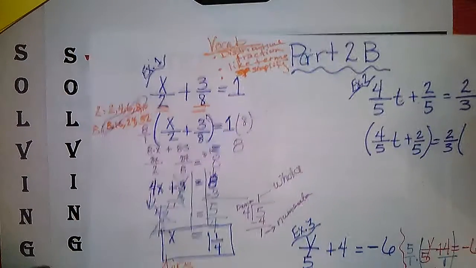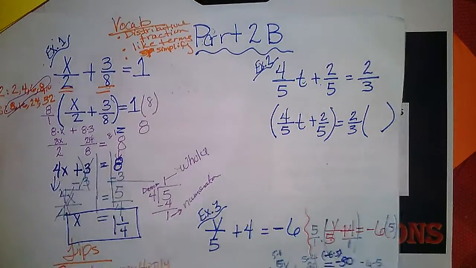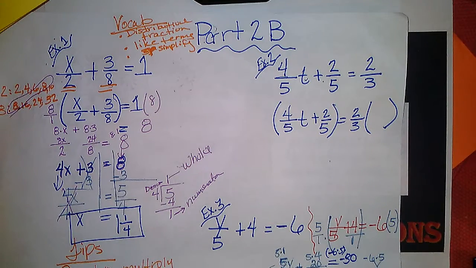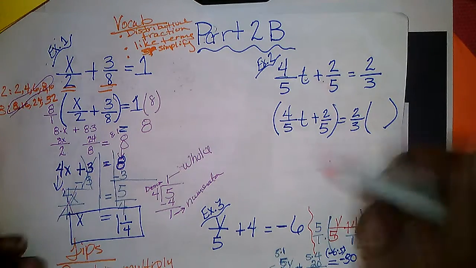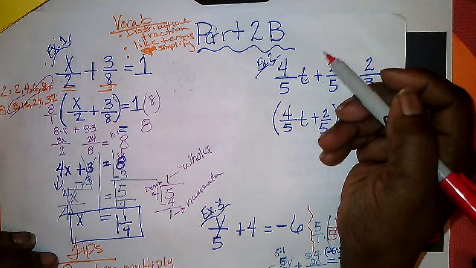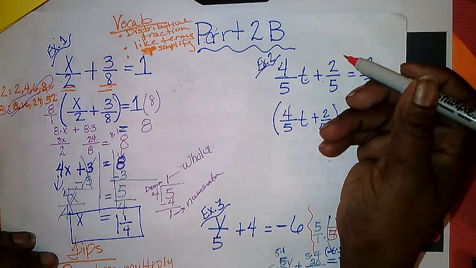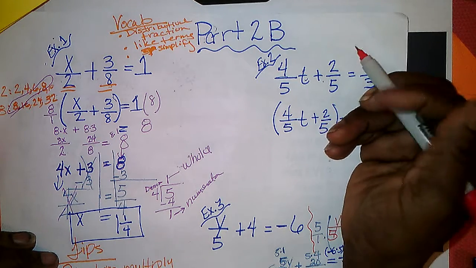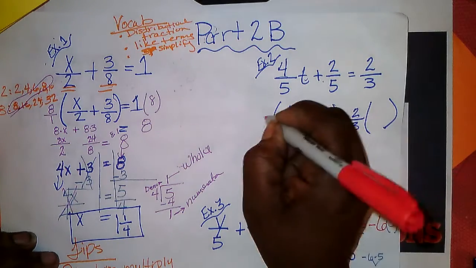Okay, let's look at the next one here. Oh, our final one. Leave the best for last. So we have 4y plus 2/5, and we need to multiply by our common denominator, which is 5.